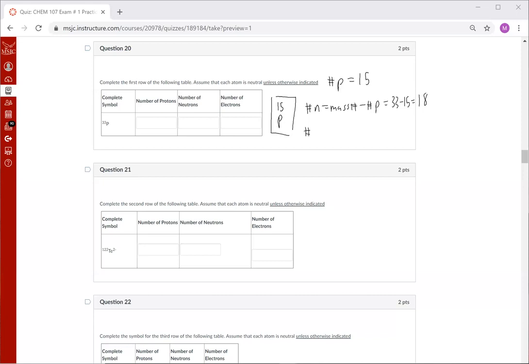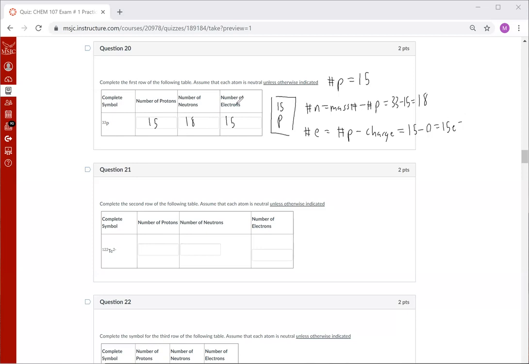Now to calculate the number of electrons, we take the number of protons minus the charge, which in this case is 15 minus 0, so we have 15 electrons. So we'd have 15 protons, 18 neutrons, and 15 electrons.